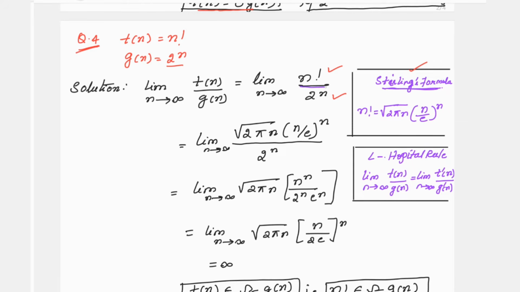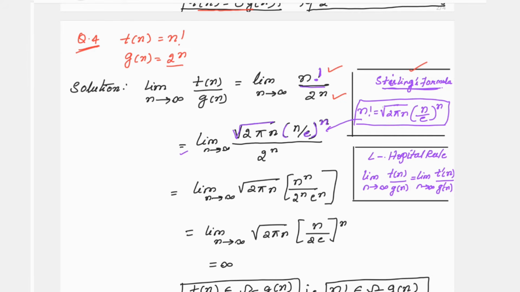See, once we substituted for t of n and g of n, we got this expression, limit n tends to infinity. Now in place of n factorial, we are writing under root of 2 pi n into n divided by e to the power of n. This is completely from the Stirling formula. Whatever I have written here, same thing you are going to substitute for n factorial. This you have to remember.